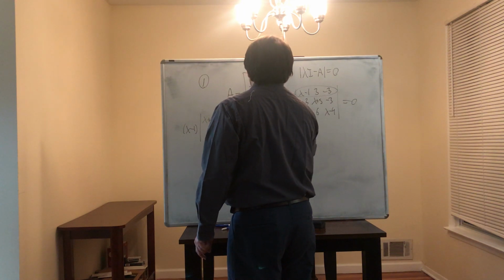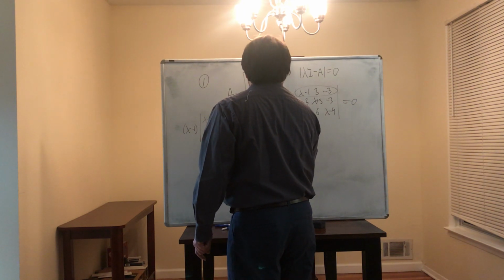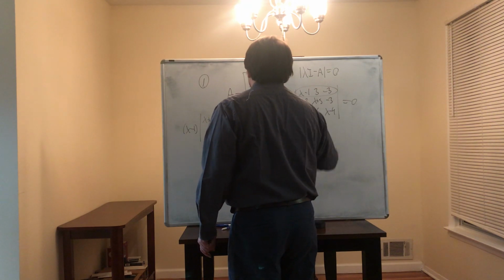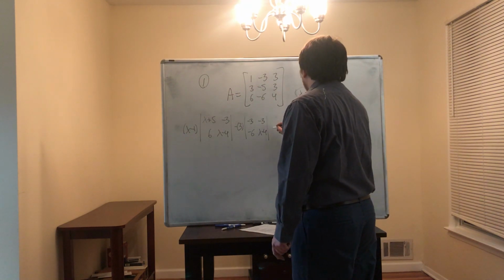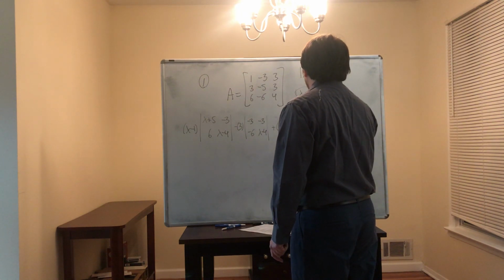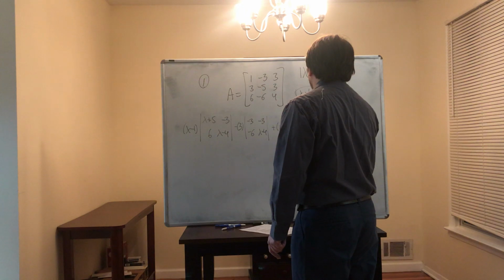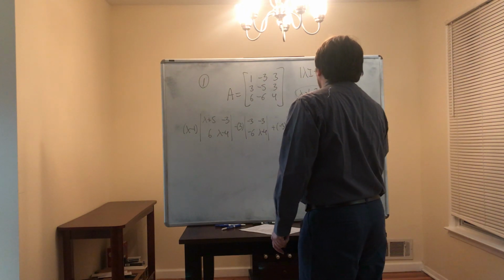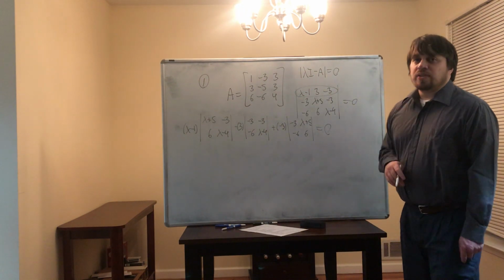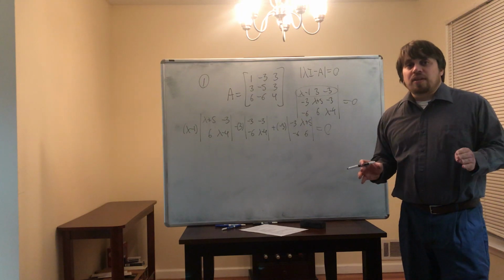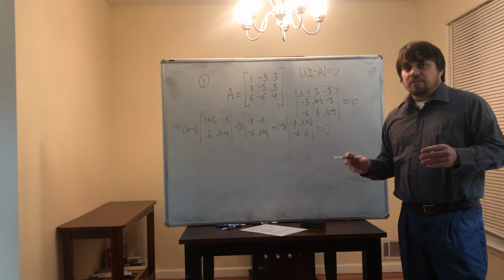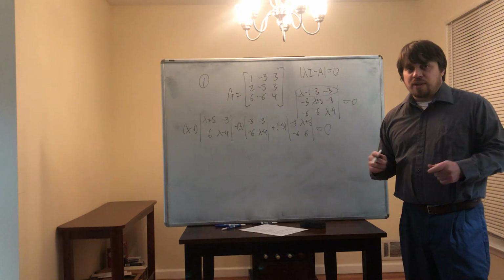So you should know how to find the determinant of the matrix. This involves a lot of tedious calculations, and if you make a mistake at any point, it will give you the wrong characteristic equation.